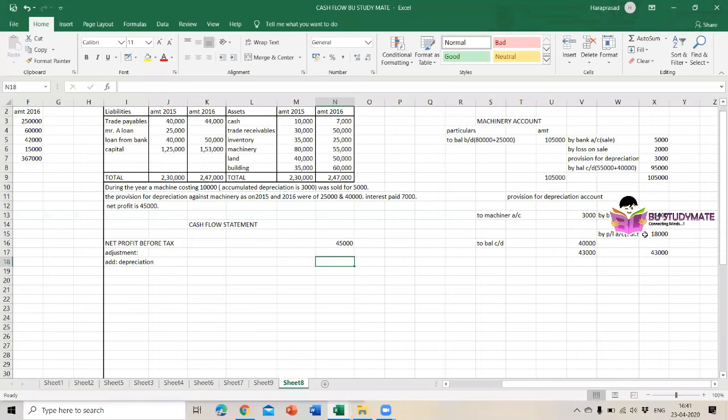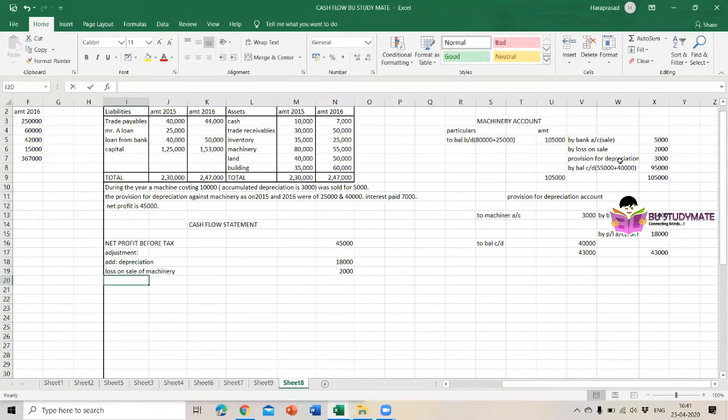Here provision for depreciation 18,000 rupees we have calculated. Then loss on sale of machinery. How much is this loss? 2,000 rupees.